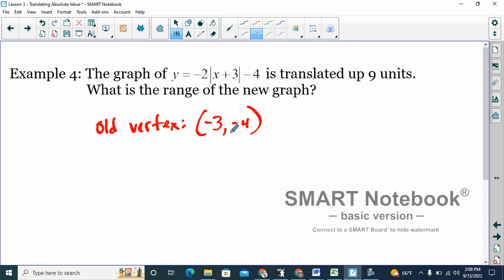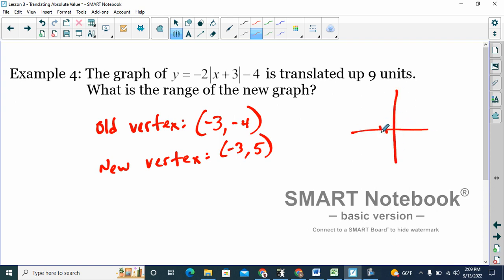If I move that up 9, it is going to change the y value of the vertex. I'm not moving it left or right at all. So my new graph's vertex should be -3. I start at -4 and go up 9, so that's 5. So if I were to sketch a super quick graph here, -3, 5 is my vertex.